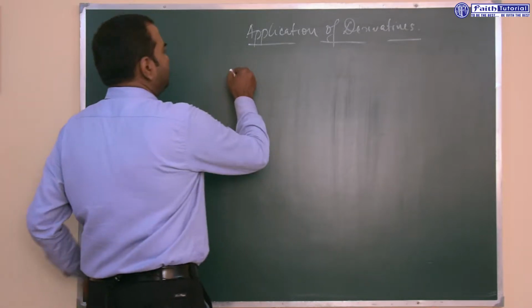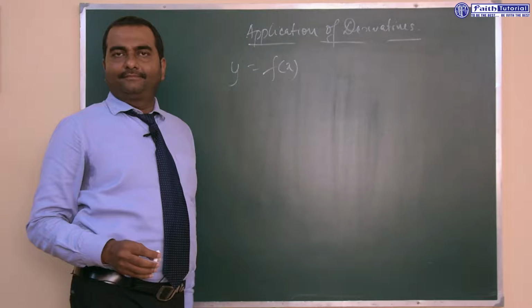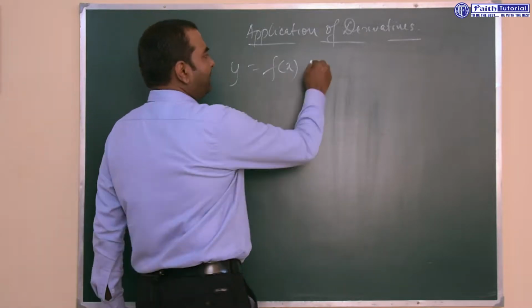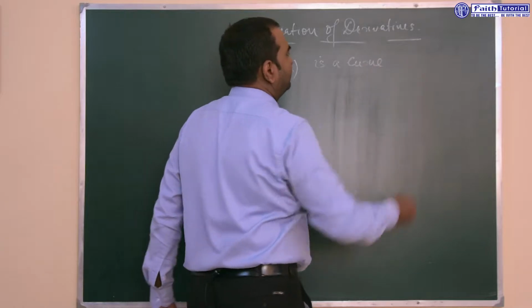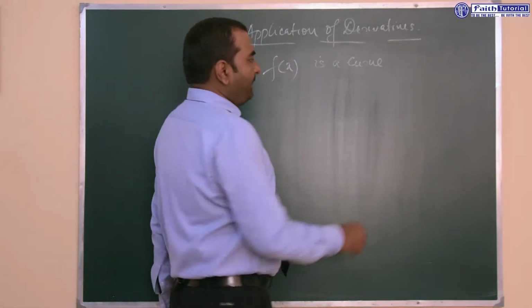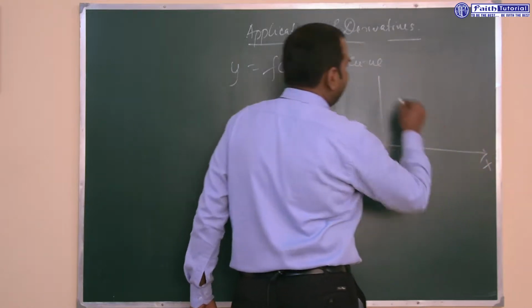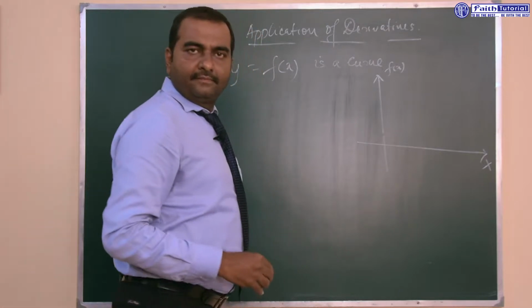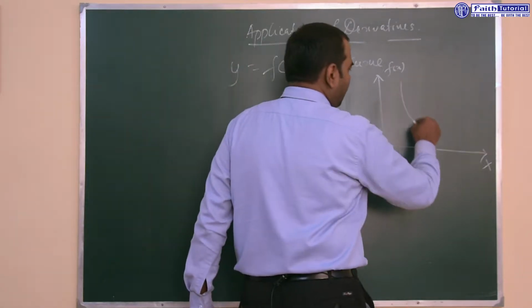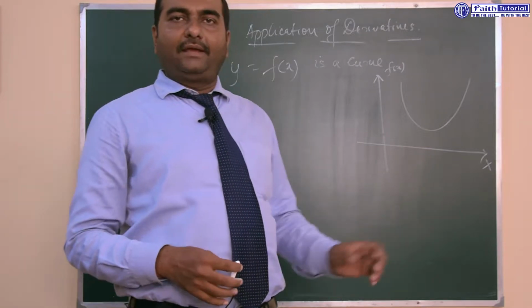Let's take a function. Say y is a function of x, is a curve. If I plot this on the graph where this is x and this is f(x), this is the graph, say for example, it's a parabola, it's a parabolic curve.